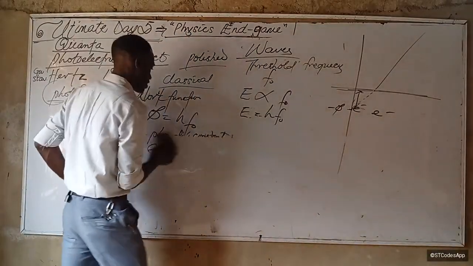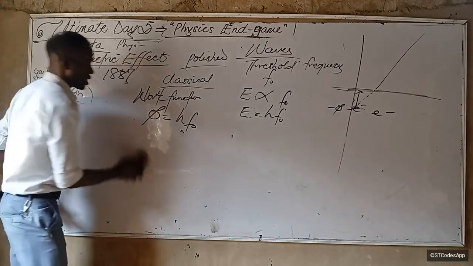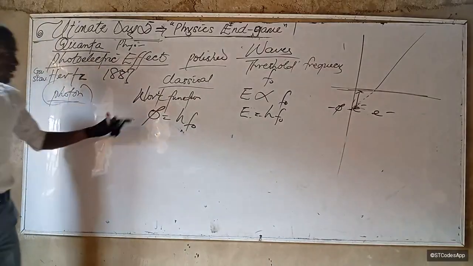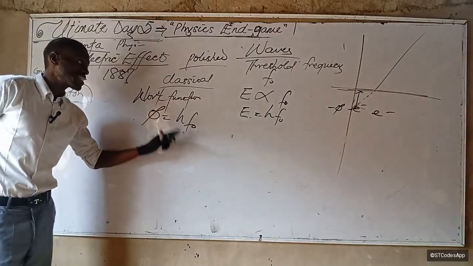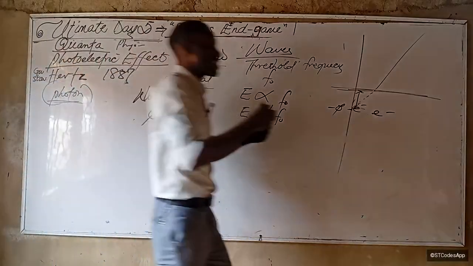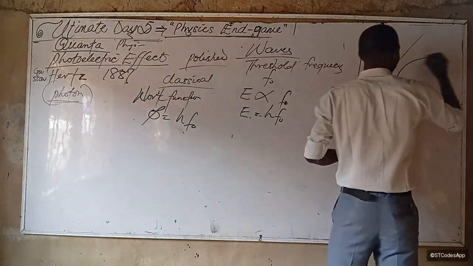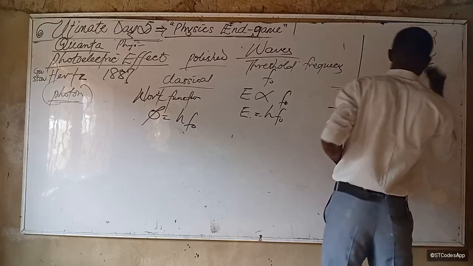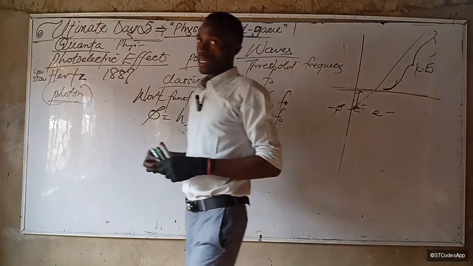Okay, now look at this. So let me go back again. I cleaned that. So work function is the minimum amount of energy needed to escape that conduction band. So the remaining energy supplied here to move, since it's moving, what kind of energy would that be? Kinetic energy. Am I clear? Yes, sir. Kinetic energy.